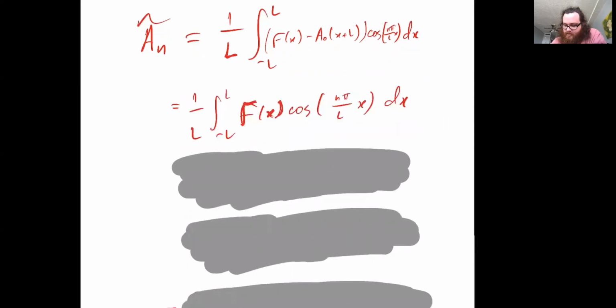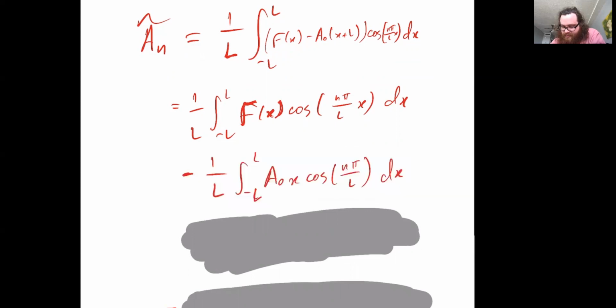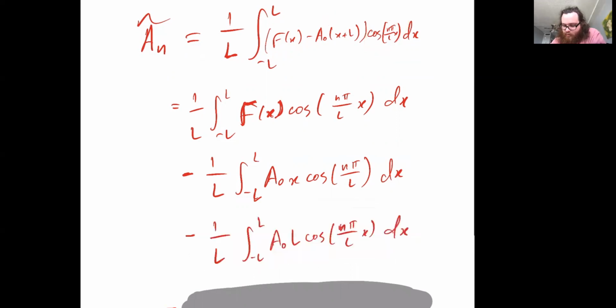So the first one is that. The second one is that, this distributed to the minus a0x. And finally we end up with cosine distributed to minus a0L.